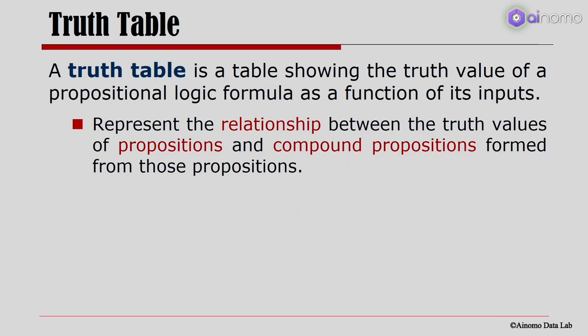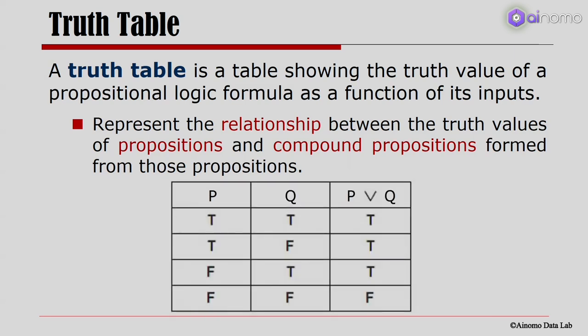Let us take a sample truth table to see what we mean. Here is the truth table for the disjunction operator. I have the input values P and Q, and here the P or Q.